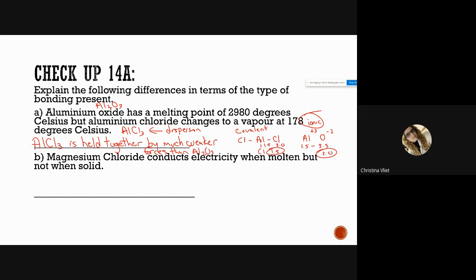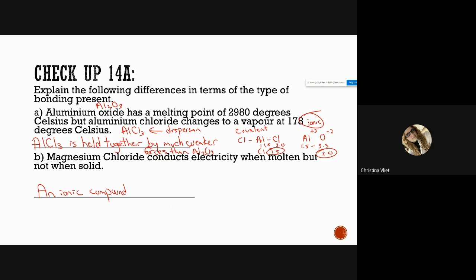And then magnesium chloride conducts electricity when molten, but not when solid. Why? It's an ionic compound. An ionic compound does not have free electrons to move unless it is molten or dissolved in water.